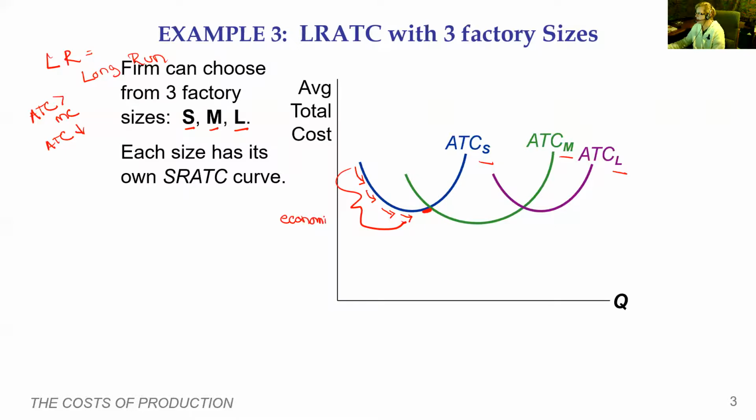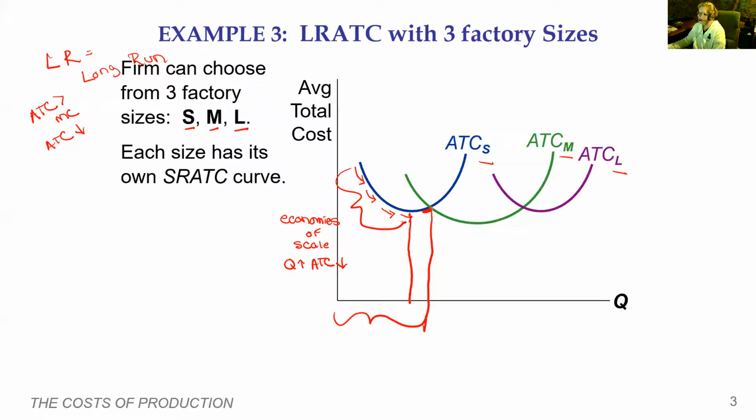And economies of scale mean that as the quantity increases over this quantity, so if I come down to here, then over this quantity my average total cost is declining. So if I'm a small factory owner, this is a point I'm going to look out for.